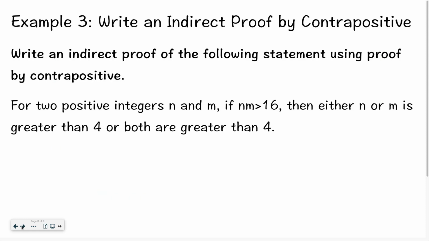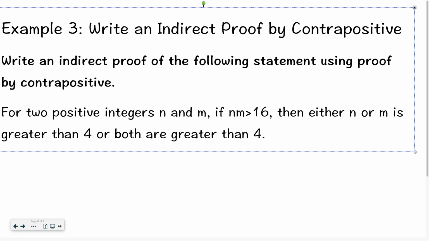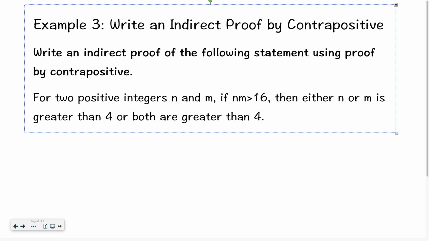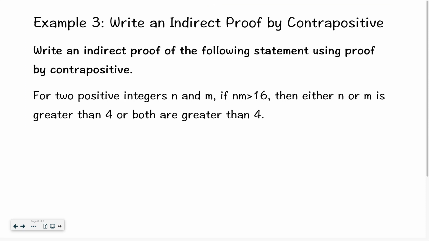All right, so now let's talk through the indirect proof by contrapositive. Remember, we're still going to do those 3 different steps. And our first step, remember, is to assume not Q. So let's start by just identifying the P statement and the Q statement.